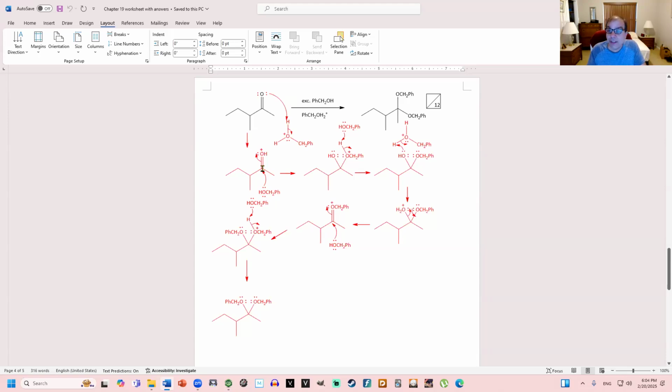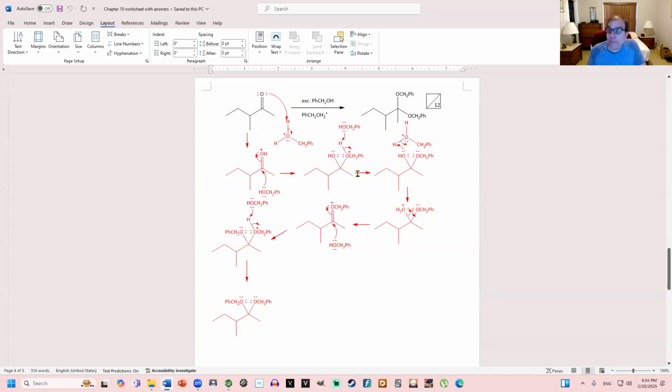That's going to attack the carbonyl carbon and break the carbon-oxygen pi bond, pushing the electrons onto this oxygen and getting rid of the plus charge. So that gives us an intermediate that looks like this. And those are generally going to be your first two steps in acidic solution. Protonate the carbonyl oxygen, then nucleophilic attack on the carbonyl carbon with whatever you're given that's a nucleophile. And so that gives us this intermediate.